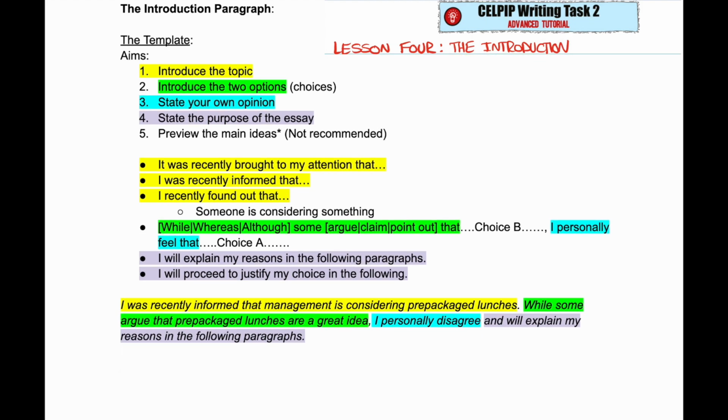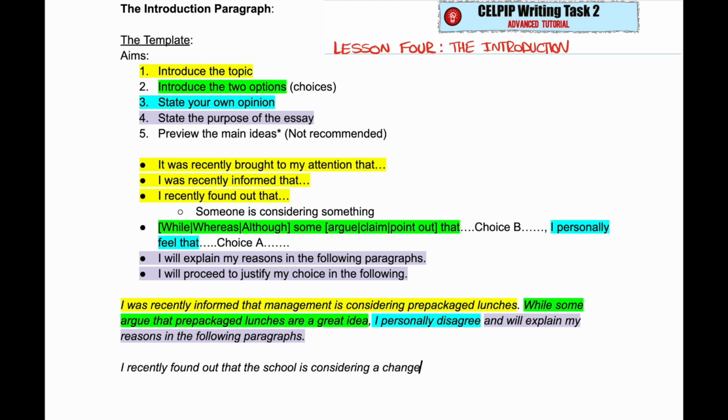Okay, now let's write a sample introduction for the next topic here. So, for this one, let's begin with the same sentence we came up with earlier. I recently found out that the school is considering a change to the students' curriculum.